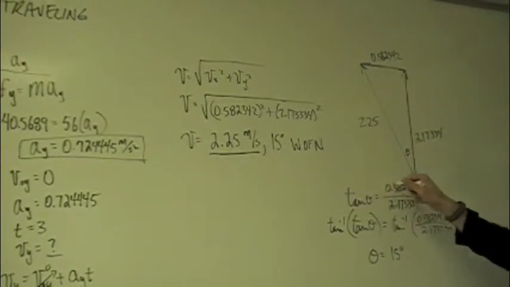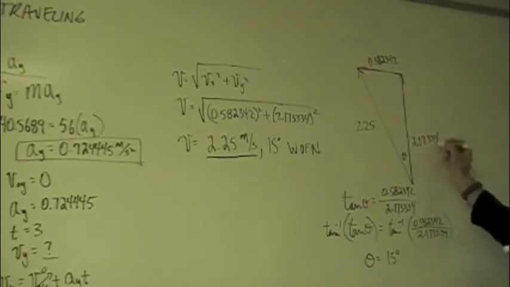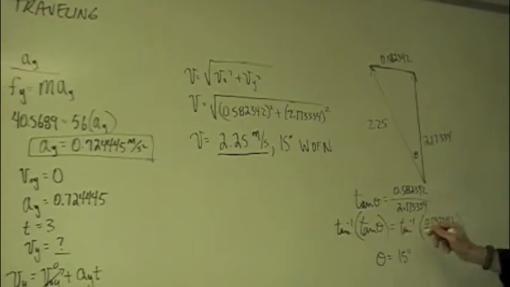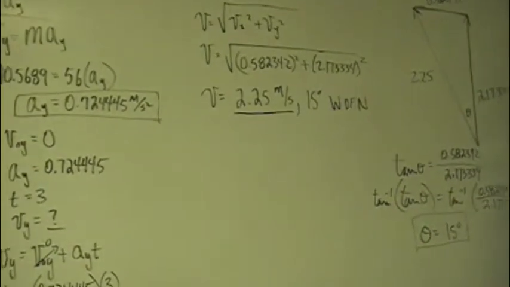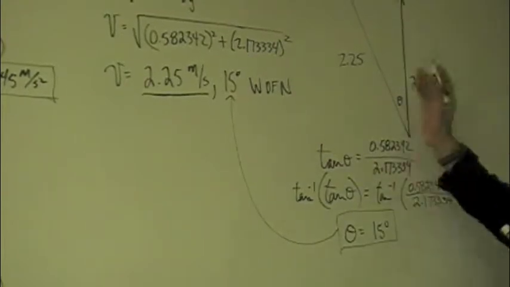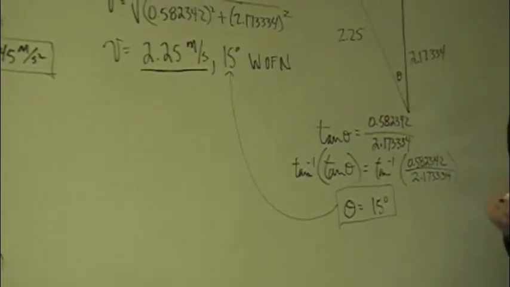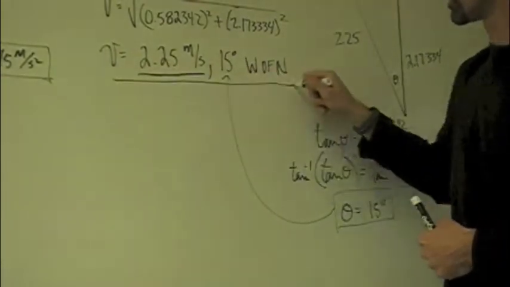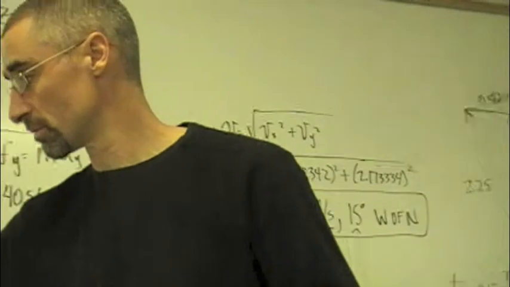So tangent theta equals 0.52342 divided by this. And if we take the inverse tangent of each side, we come up with a theta of 15 degrees. Okay? Which if we plug in right here is 15 degrees west of north. Okay? Do both techniques yield us with the same answer?